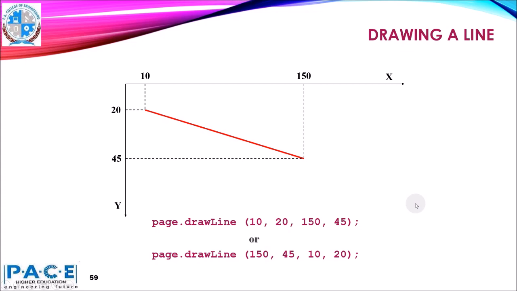So the line will be drawn this way. We can also specify 150, 45 as the first point and 10, 20 as the second point. It's both the same; in whatever order we specify the points, it will draw the same line.